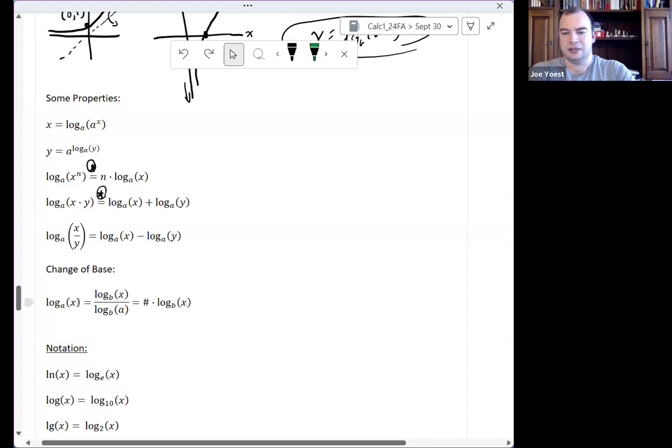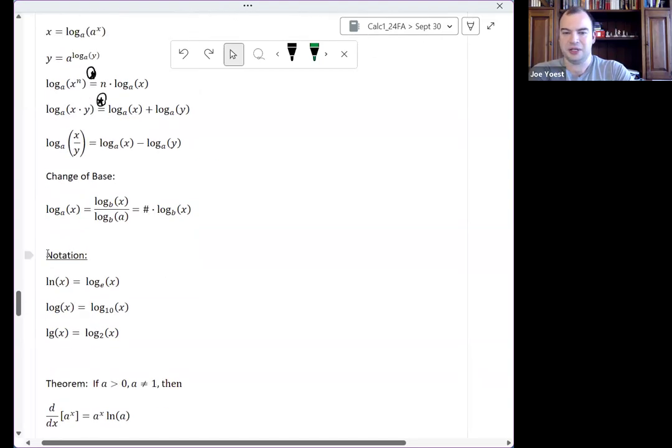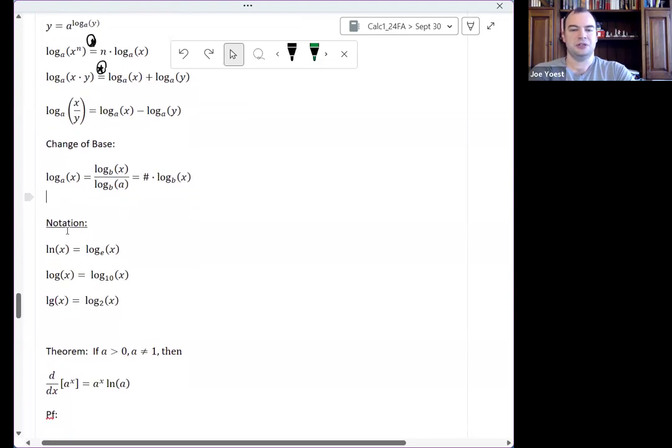I mentioned the change of base. We also have notation. Some common logarithms, well, one of these is actually literally called the common logarithm, but some logarithms pop up often enough that they get their own notation. Well, there's the log base e of x. So that natural base e that mathematicians love because the derivative of e to the x is e to the x.